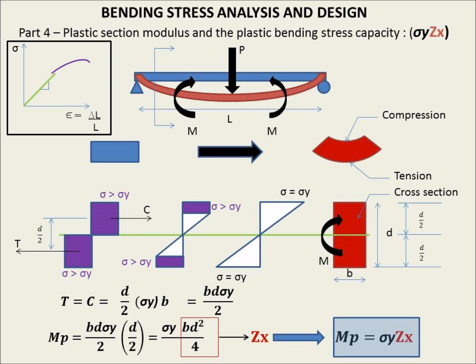So after the top fibers of a rectangular cross section have reached yield stress, you can add 50% more torque to that material in order to completely yield the entire cross section.